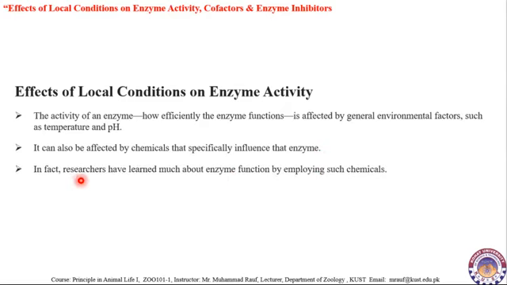In fact, researchers have learned much more about enzyme function by employing such chemicals, just like in molecular biology we have a technique called gene knockout technique. It is used to know about the function of a particular gene.